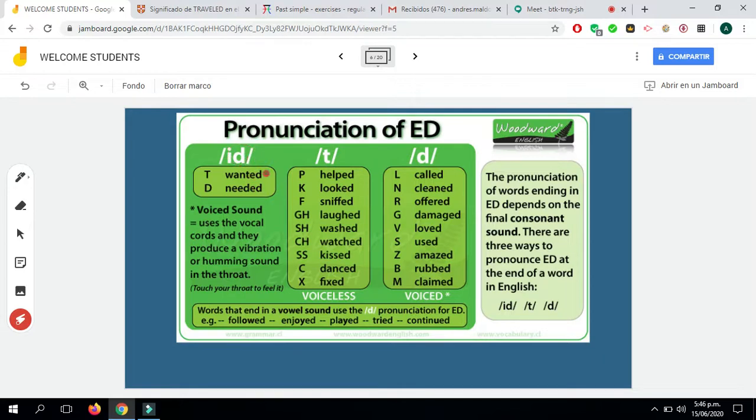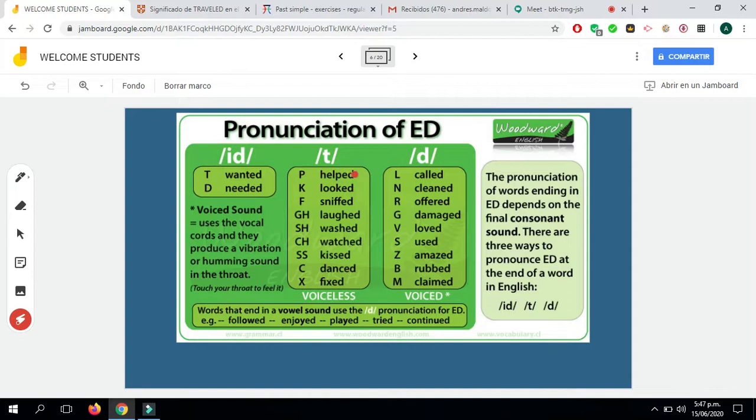So I say, I wanted, I needed. I wanted ice cream, I needed money. Okay? So when a word finishes in T or D and is conjugated in past simple tense with ed, we say wanted, needed.